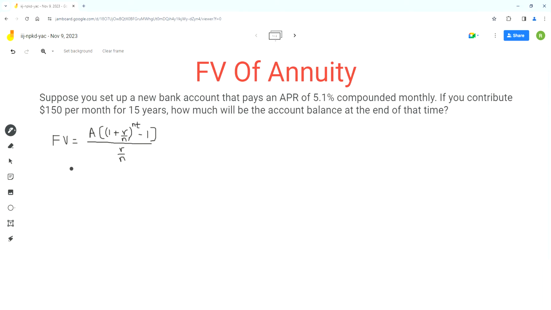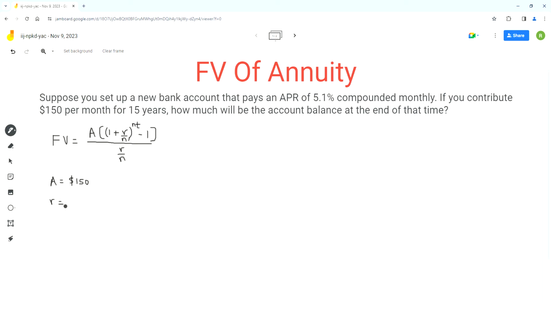Now in this formula, FV represents the future value. A represents the regular amount that is being deposited. A value here is $150. Now the next variable is R, which represents the annual interest rate.